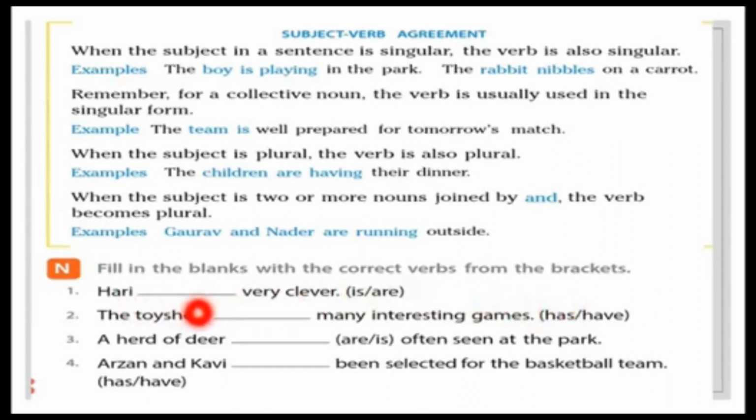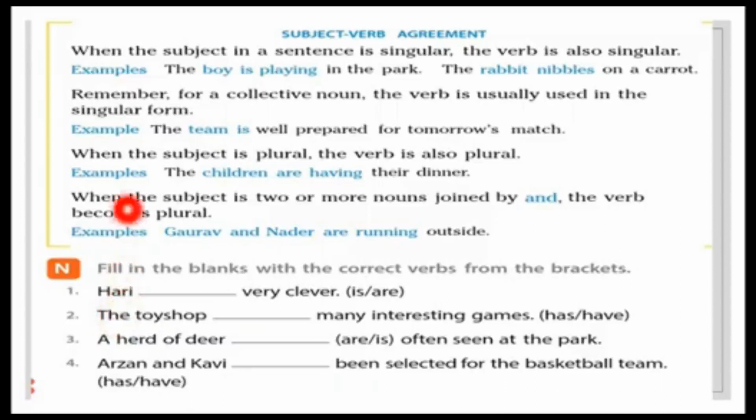A herd of deer dash are or is often seen at the park. Let us see the example and what's the subject over here. The subject is a herd of deer. The herd is actually a group of animals, right? A herd means a group. It's a collective noun.